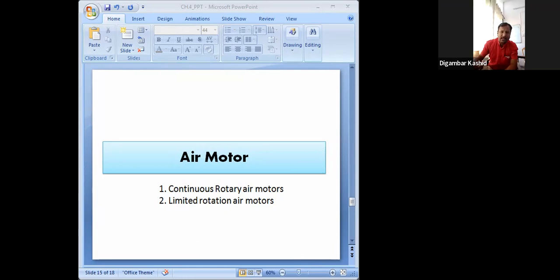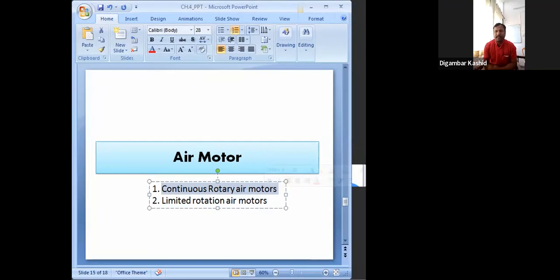Here also in the air motor we have two types: one is the continuous rotary air motor, and second is the limited rotation air motor.